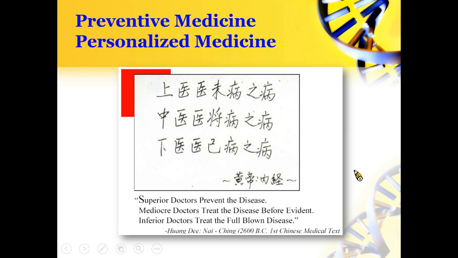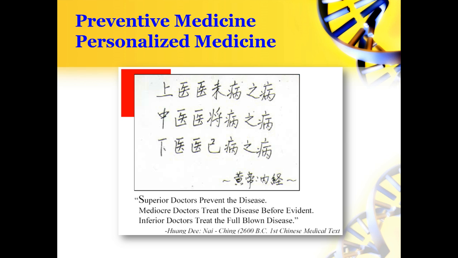At the end, I would like to quote a description in Huangdi Neijing, the first Chinese medical textbook published in 2600 BC. He said, "Superior doctors prevent the disease.